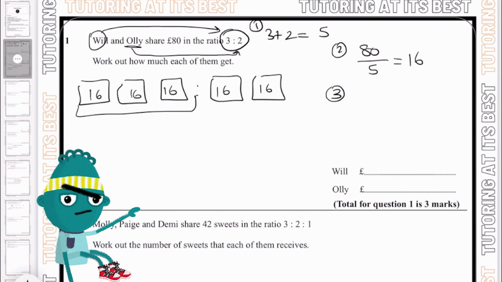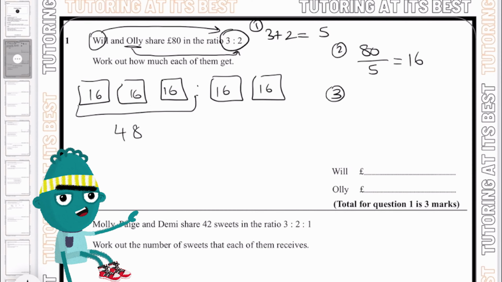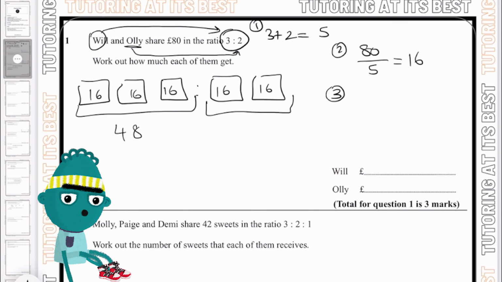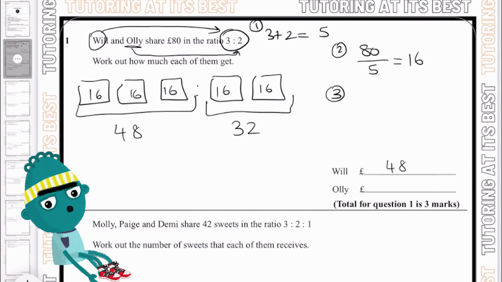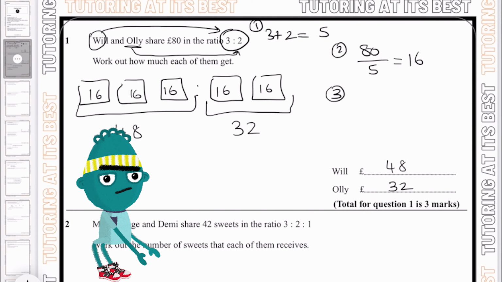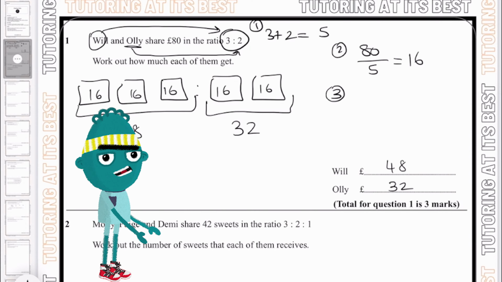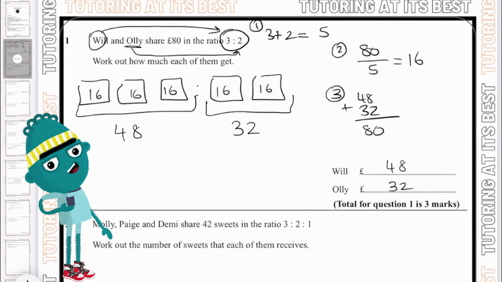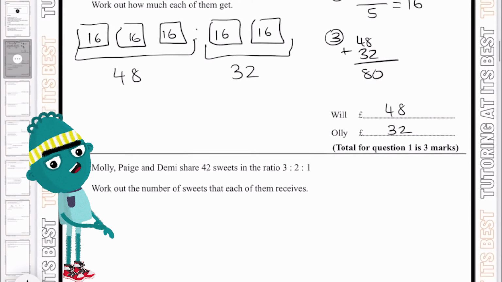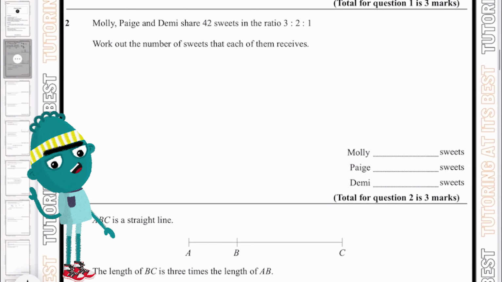So we have 3 multiplied by 16, which gives us 48, and 2 multiplied by 16, which gives us 32. So now we know Will gets 48 and Ollie gets 32. And a way to check that is simply adding 48 to 32, which gives us 80. And there we are.